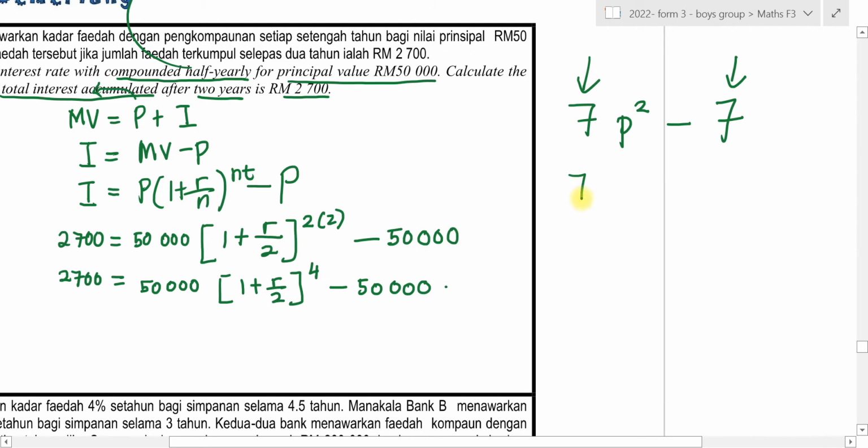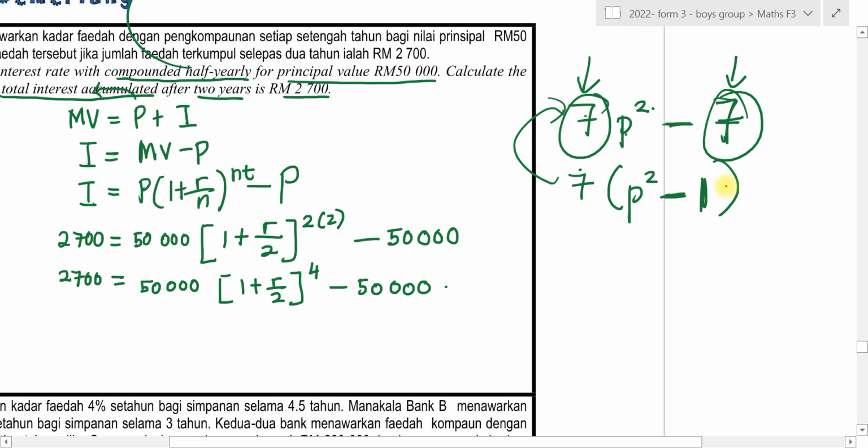So you take out the 7. 7 is already outside, you put p squared here, and then you follow the minus symbol here. And then 7 times what gets you 7 back? Times 1. So when you expand, you get back this. We can factorize when you have the same number.